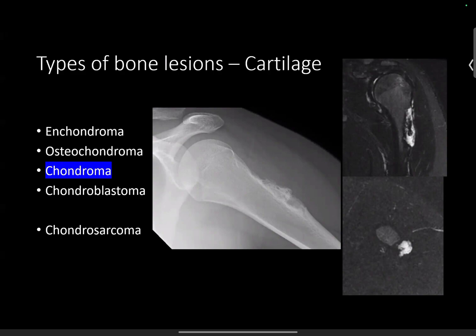But yes, not that common. And it's a finding of TB, you said? Yes, tuberculosis osteomyelitis. I haven't really seen that, to be honest with you, but I think that enchondromas usually are very lucent, so they're not sclerotic. They are usually lucent lesions in the fingers, so that will be the way to tell.